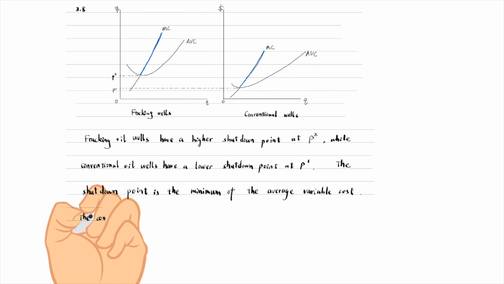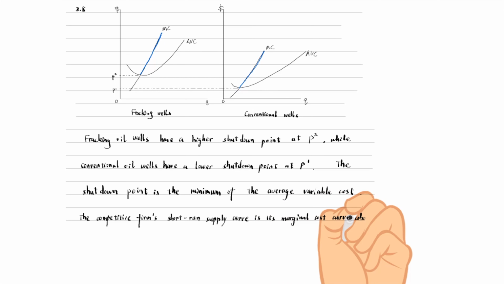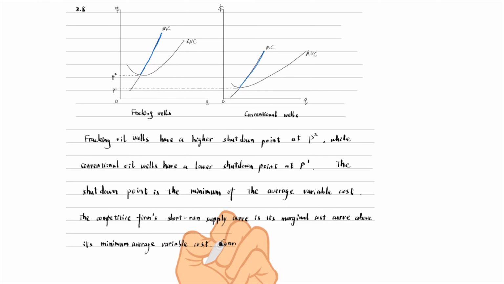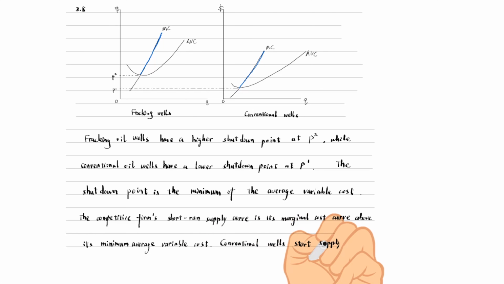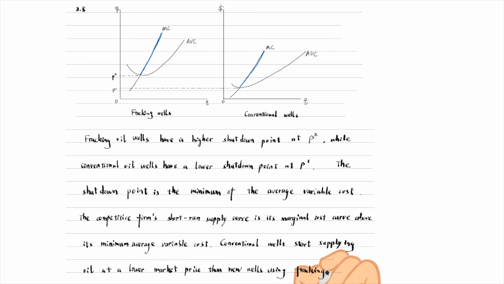The competitive firm's short-run supply curve is its marginal cost curve above its minimum average variable cost, the blue part of the marginal cost curve. Conventional wells start supplying oil at a lower market price than new wells using fracking.